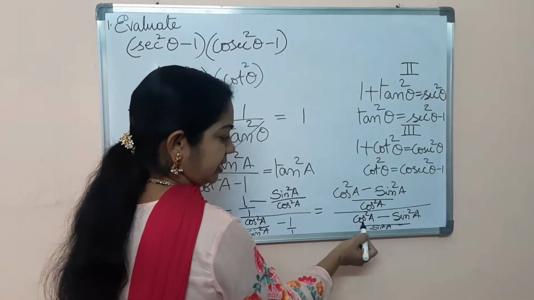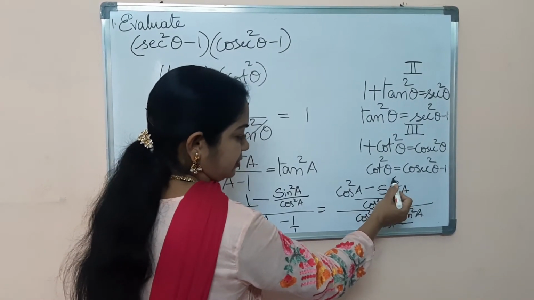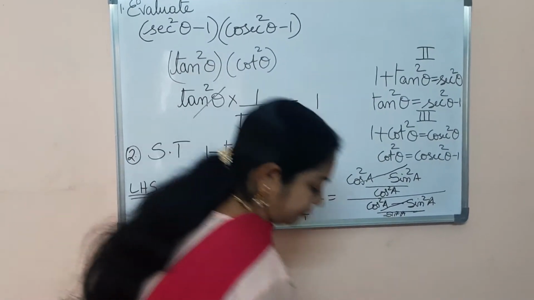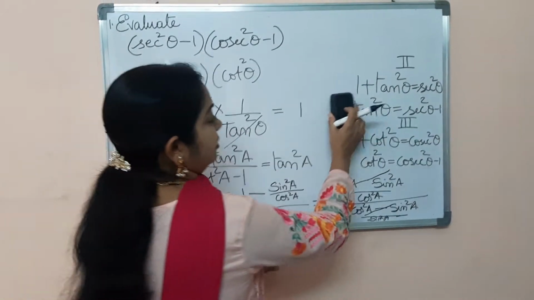Here the numerators are the same, so we cancel the numerators. Here we get cos square A by sine square A.